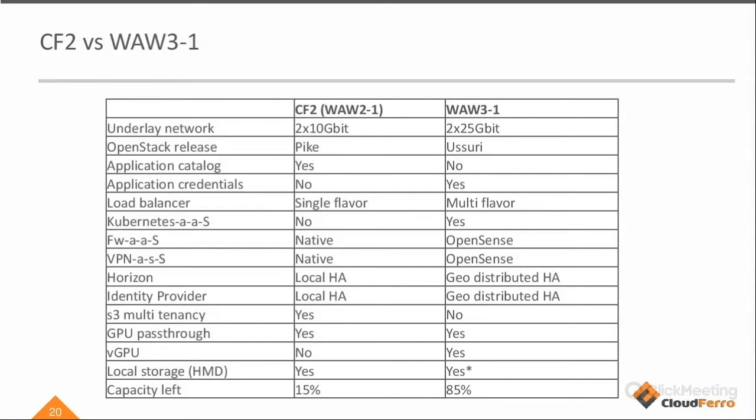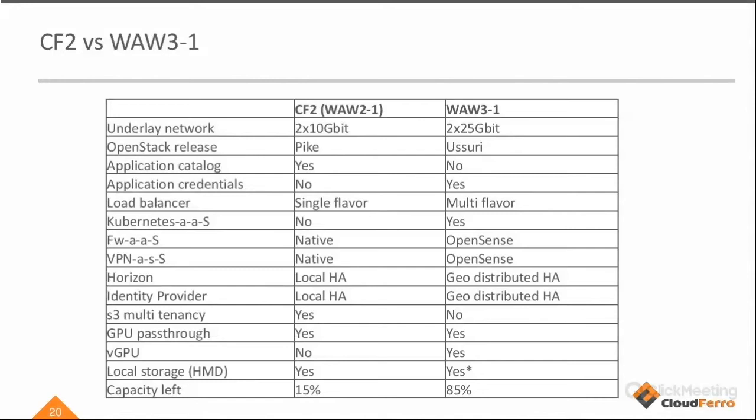So the new cloud has 2 times 25G connectivity, and for the clients, it basically means you have 2.5 times more performance in terms of bandwidth to the internet, to the storage, or to other VMs. And this is obviously a big improvement here.